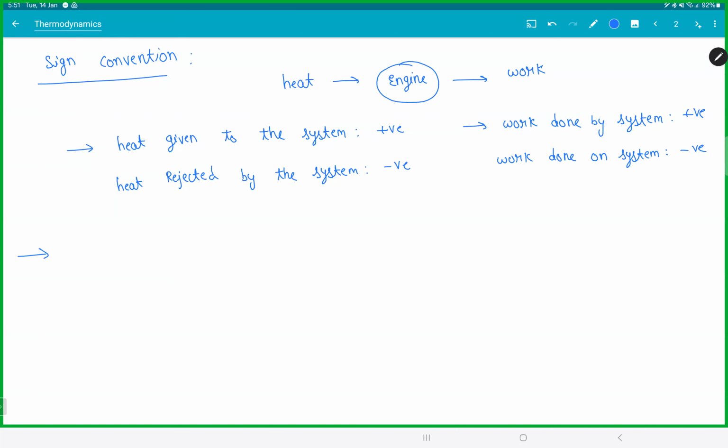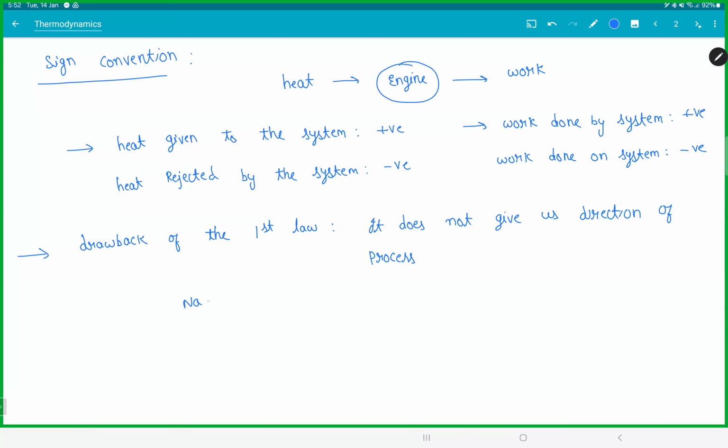The first law also has a drawback. The first law simply says energy is conserved. That means as long as energy is conserved, the direction of reaction shouldn't matter. So it does not tell us in which direction the reaction proceeds. Let's take an example.